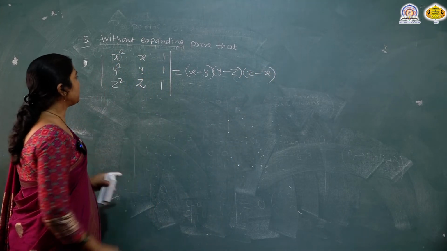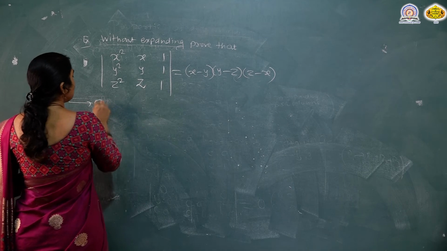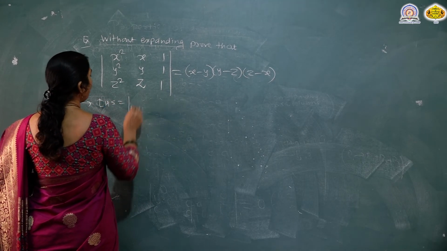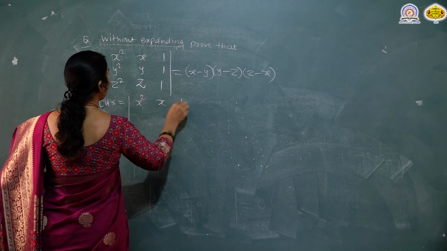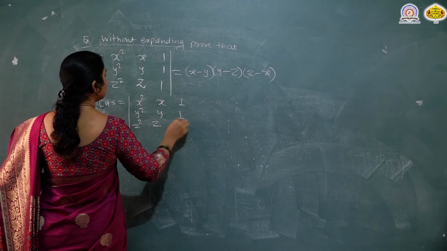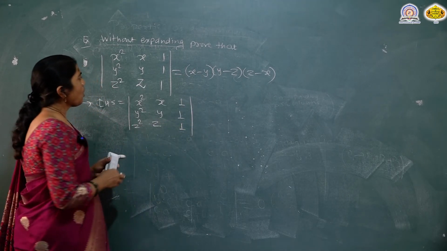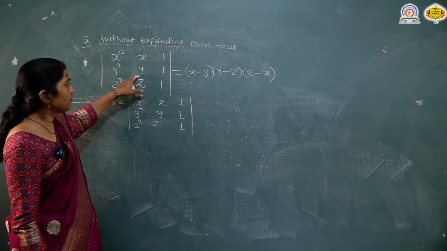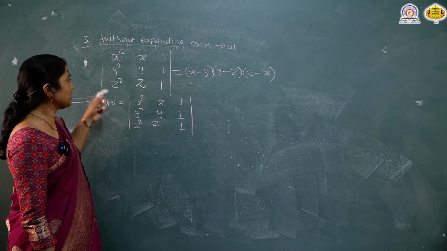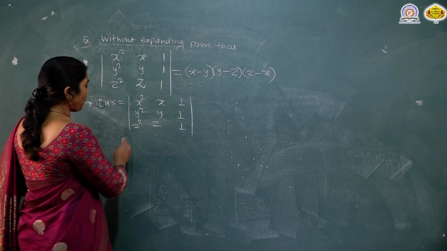We want to prove this. So, start with LHS. Observe that we want to find the factors x minus y, y minus z, z minus x.